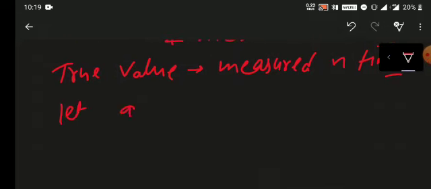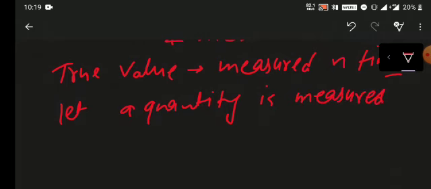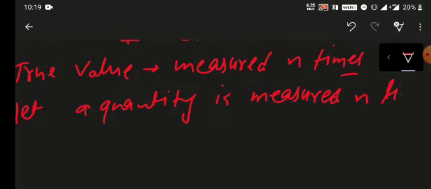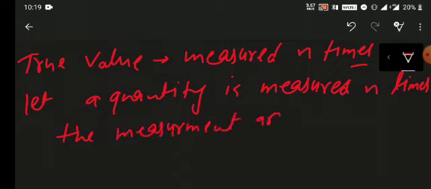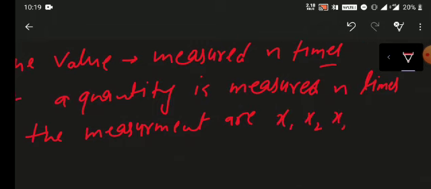Let a quantity be measured n times, and the measurements are x1, x2, x3 and so on.